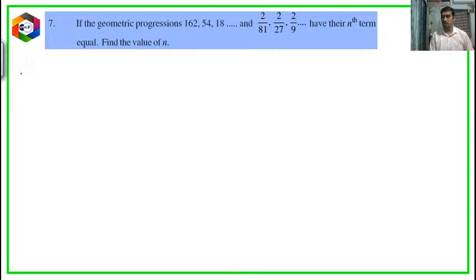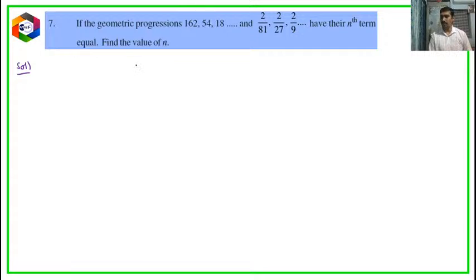If they want to give 4 marks from geometric progression in this exercise, they used to give this question. Please children, observe and listen carefully, it is not that difficult but there is a small logic. If the geometric progressions 162, 54, 18 and so on, and 2 by 81, 2 by 27, 2 by 9 and so on have their nth terms equal, find the value of n.